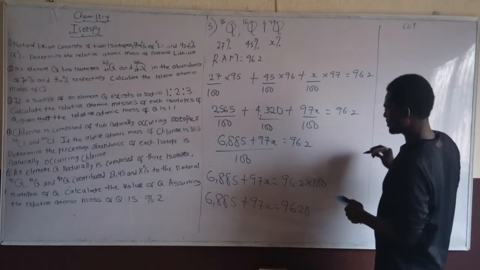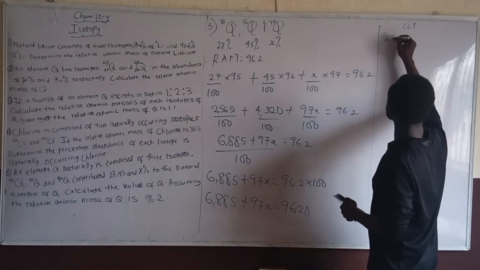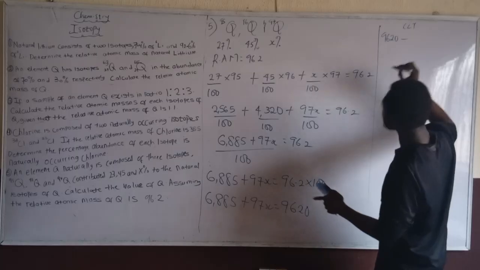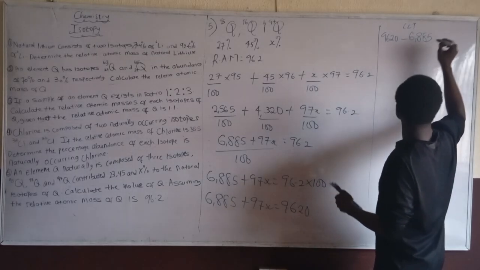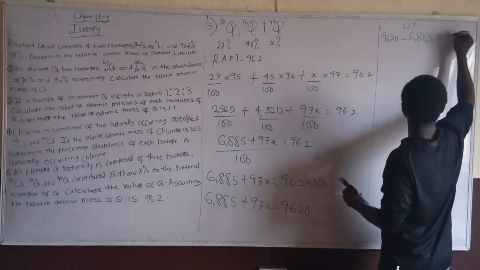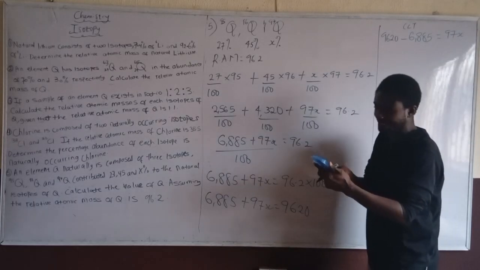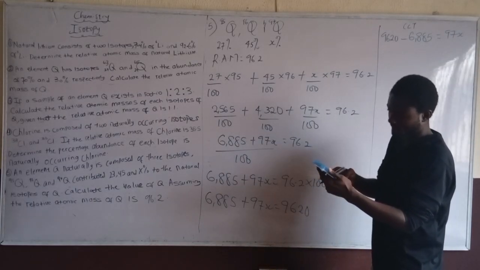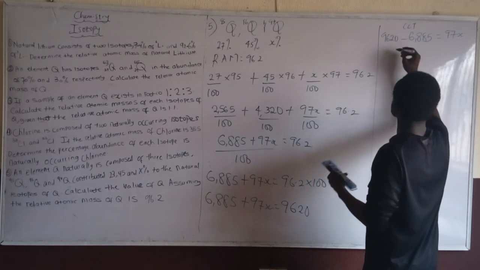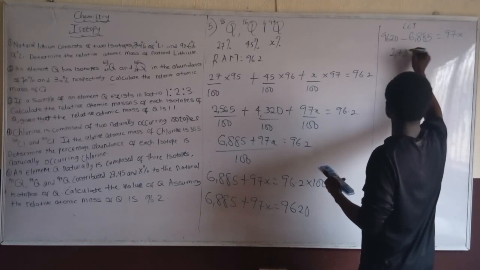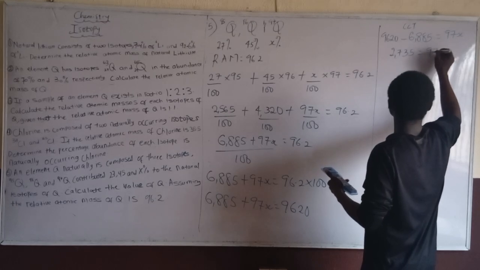So if I collect like terms, it becomes 9,620 minus 6,885 equals 97x. So 9,620 minus 6,885, that is 2,735 equals 97x.